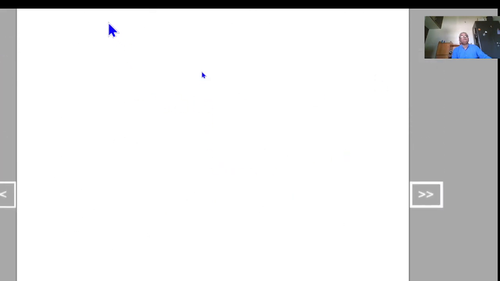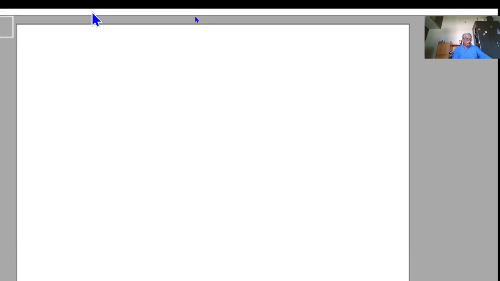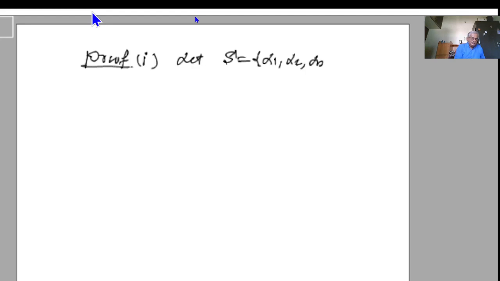Okay. Proof, number one. Let me consider S is equal to alpha 1, alpha 2, alpha 3, up to alpha n. Okay. This is my S. And this implies, what is L of S?